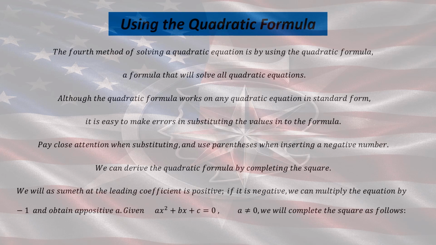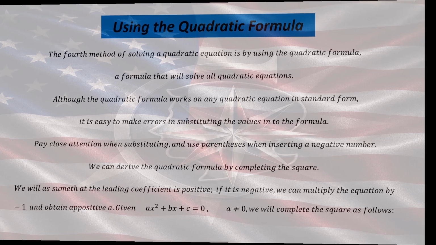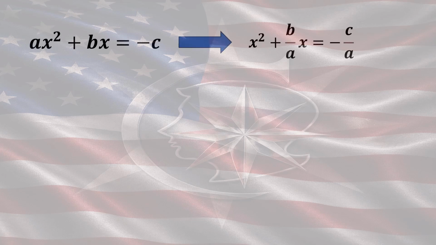Given ax squared plus bx plus c equals 0, where a is not equal to 0, we will complete the square as follows. 1. Move the constant term to the right side of the equal sign. Ax squared plus bx equals -c. 2. As we want the leading coefficient to equal 1, divide through by a.